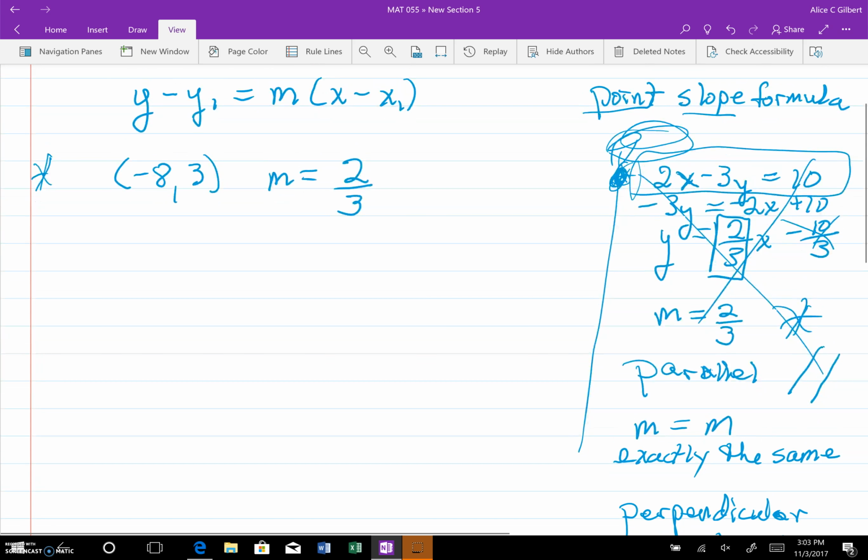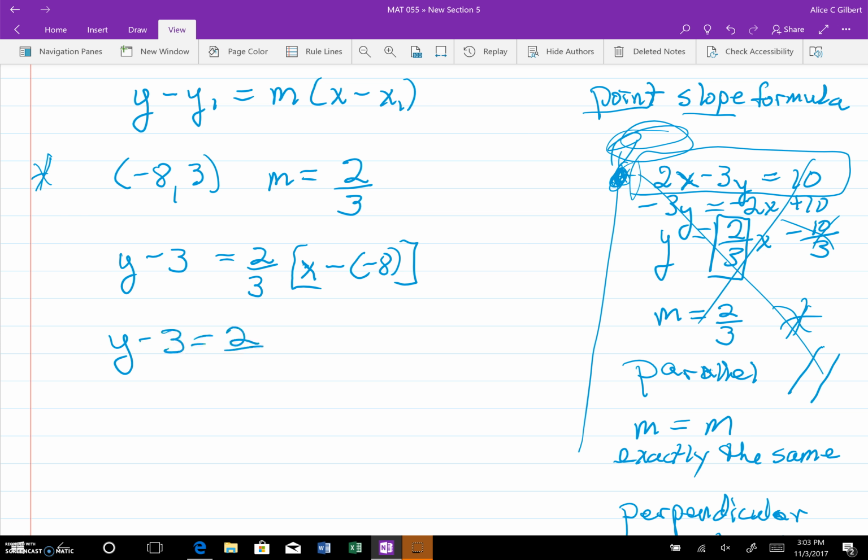And now I put these into point-slope formula. And so I get y minus 3 equals 2/3 x, because 2/3 is m, minus minus 8, and then y minus 3 equals 2/3 x plus 8.